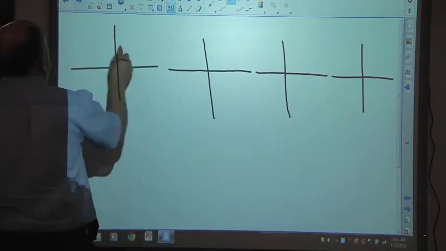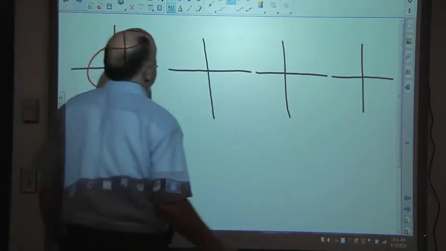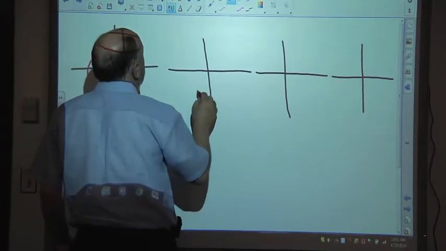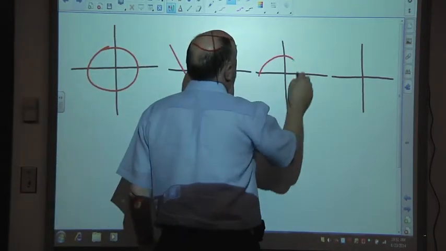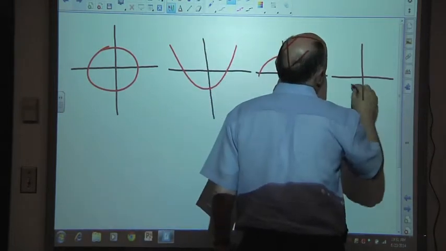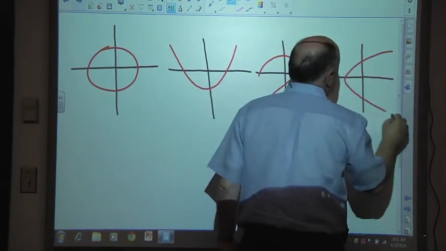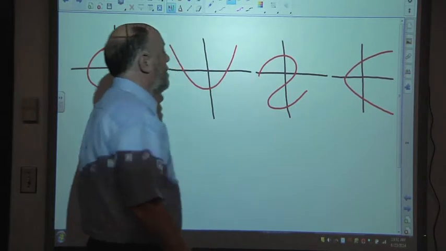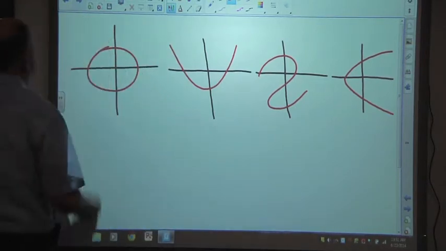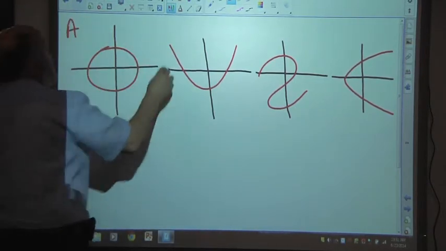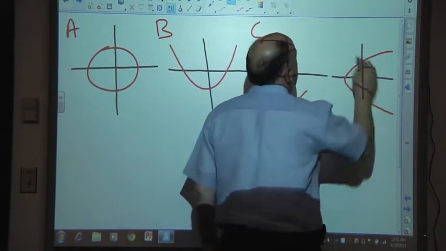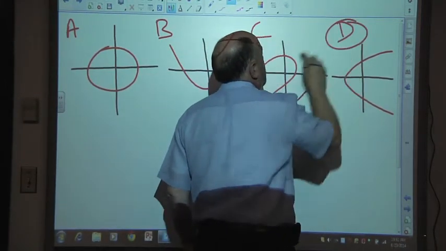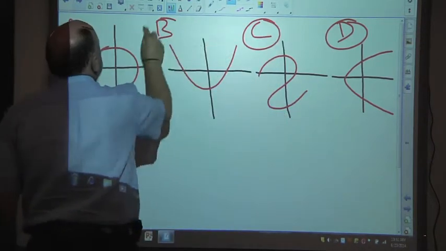So let's say I have something that looks like this. I have another one that looks like that. And then I have one that looks like this. Right? I have 4 possibilities here. So let's call this graph A, this is graph B, this is graph C, and then let's call this graph D. So those are my choices, right?